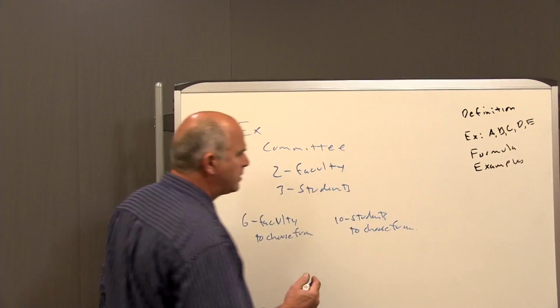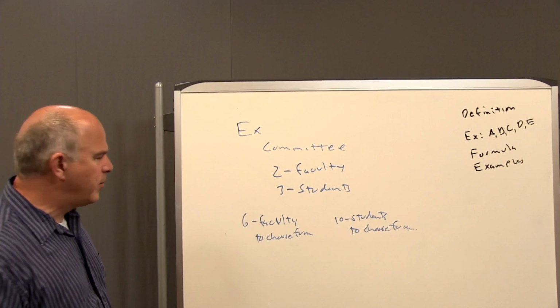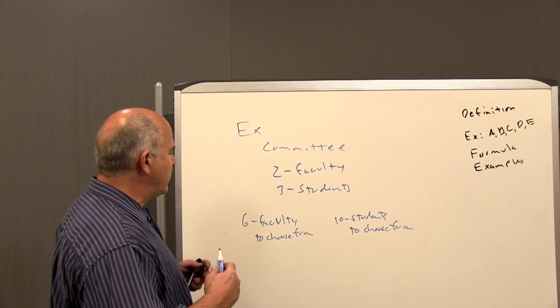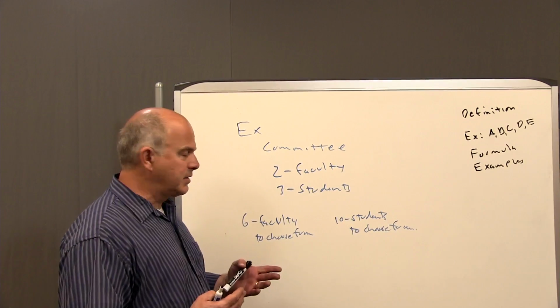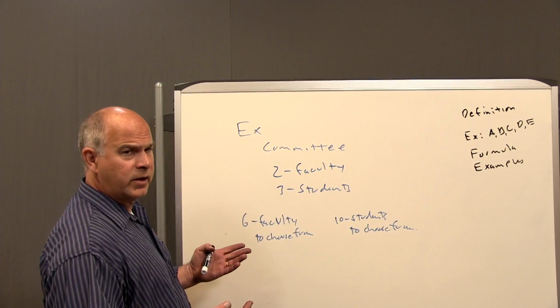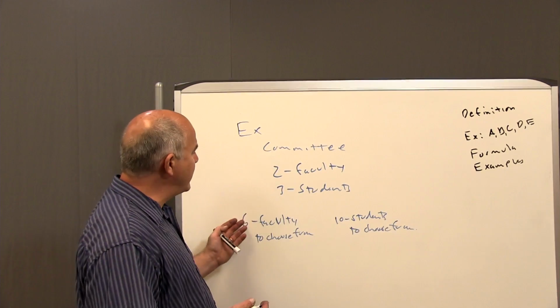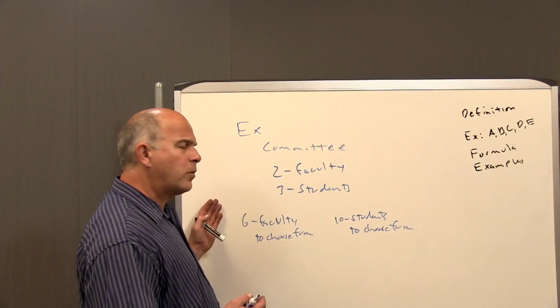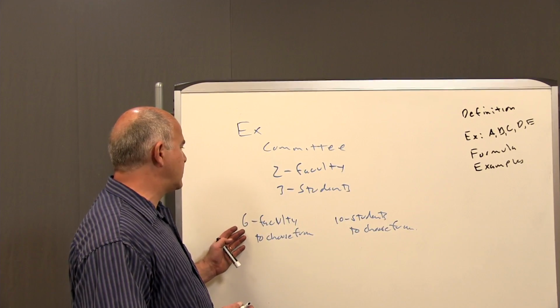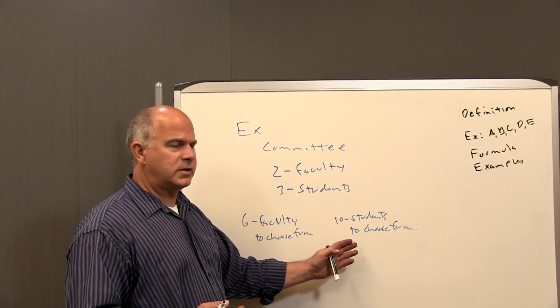So this is going to be a little different than the bit strings that we just did, because when we did the bit strings, things disappeared. When we chose the 3 zeros, we only have 3 spots left for the 1s, but that's not happening in this case because these are totally different sets. You've got 2 faculty to choose out of 6, and you've got 3 students to choose out of 10.